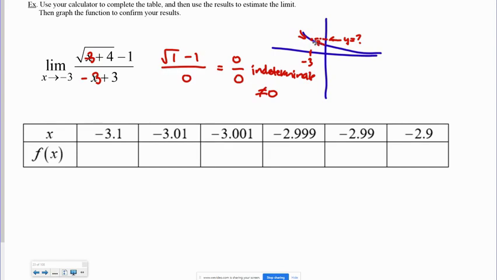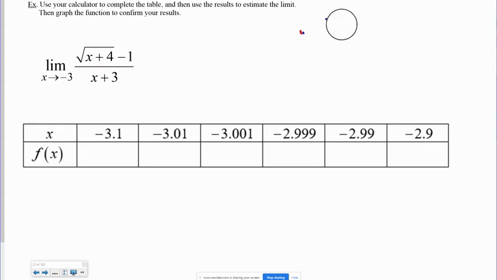So instead of plugging in -3, I'm going to use the numerical method. I'm going to get closer and closer to -3 from the left of -3 on the number line, and closer and closer to -3 from the right of -3 on the number line. I want you to think about the number line. Does this look like a good number line?